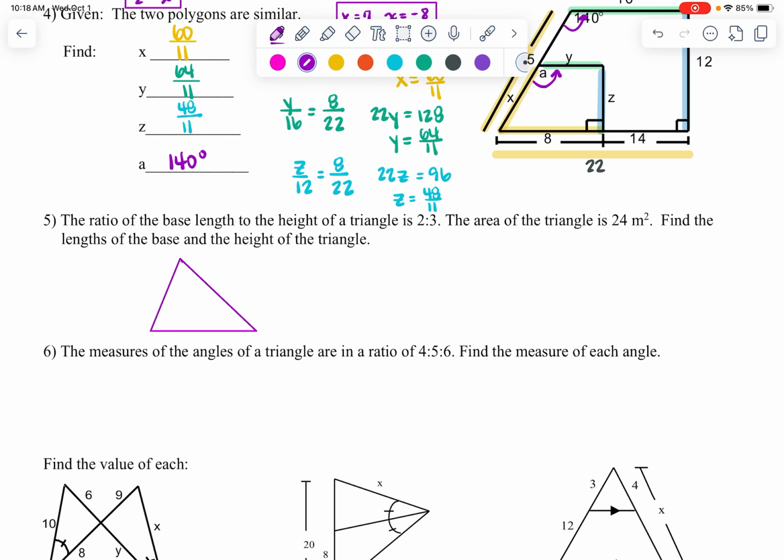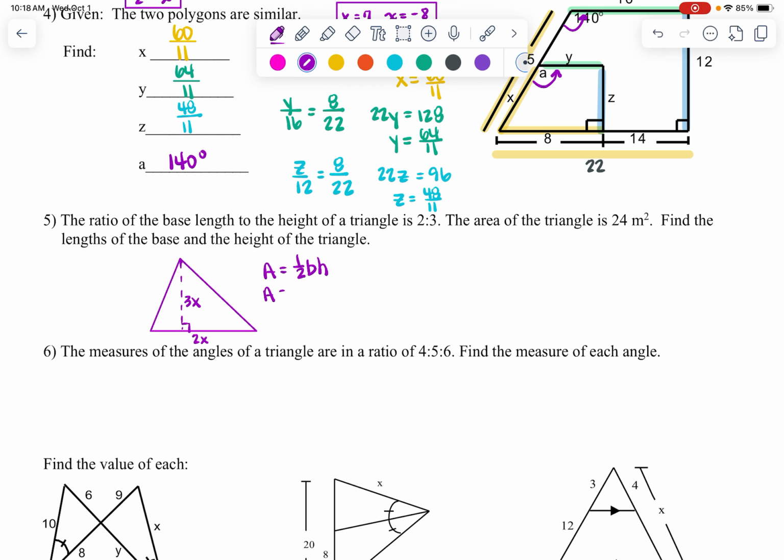Okay, I'm just going to kind of do this. Here's my height. There we go. All right, so base to height, so 2x to 3x, right? That's essentially what that's telling me. Now, remember, we can find the area of a triangle by doing 1/2 base times height.